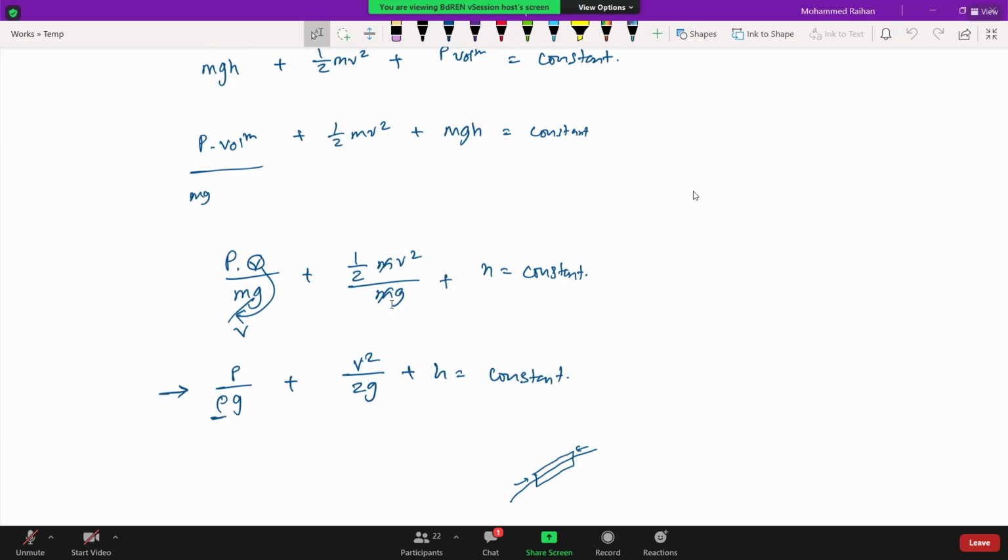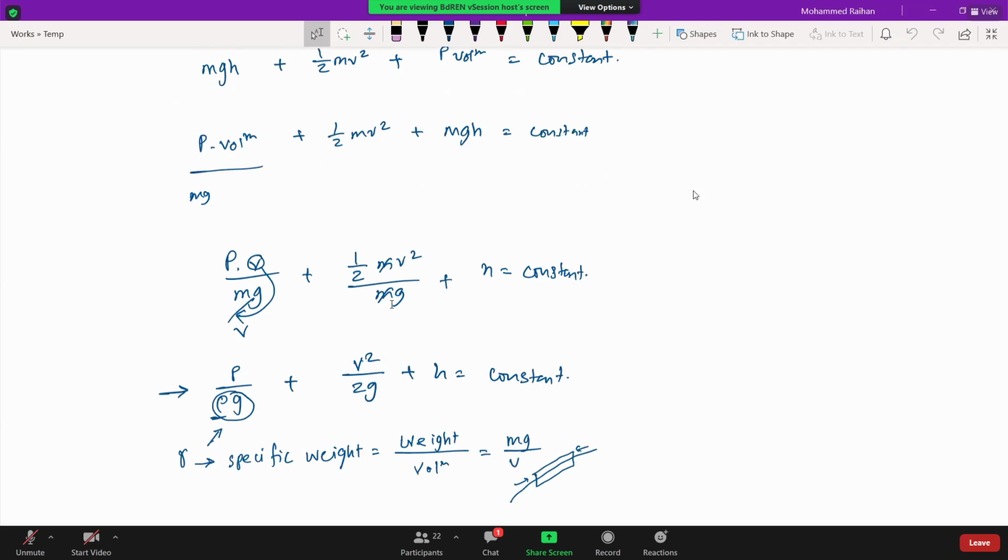So this rho g has a name, that is called gamma, or specific weight. It is weight divided by what? Weight divided by volume. Weight is what? mg, right? mg divided by volume.